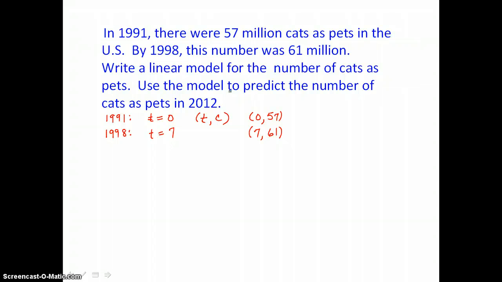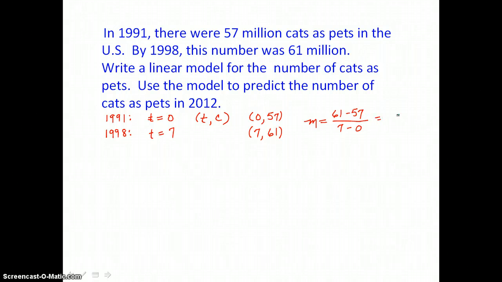Now if I want to write a linear model or an equation, the first thing I'm going to have to find is the slope for that equation. So I can use these two ordered pairs, take a difference in y coordinates, 61 take away 57, or c coordinates in this case, over difference in t coordinates, 7 take away 0.